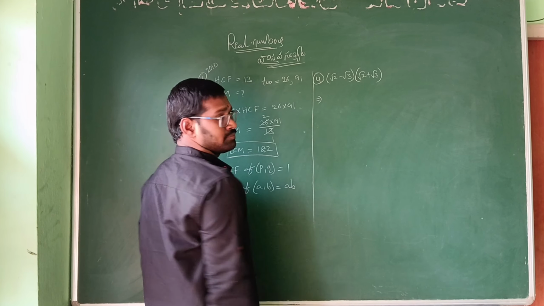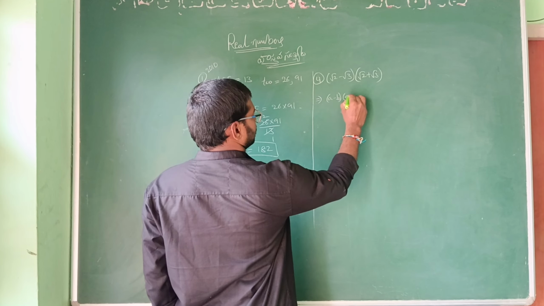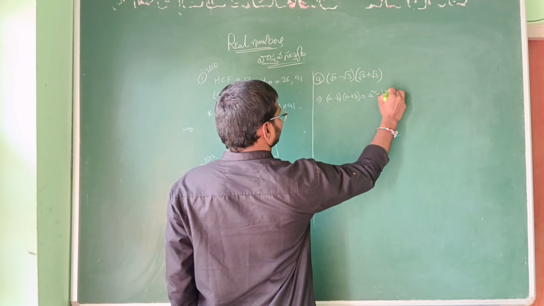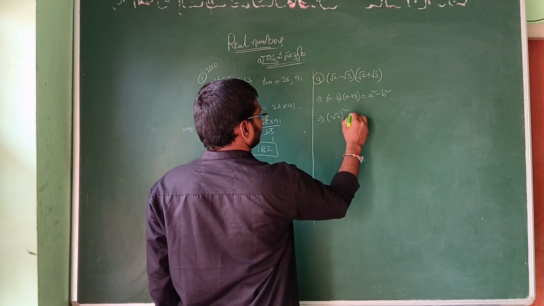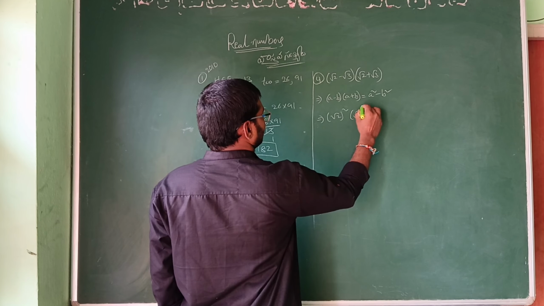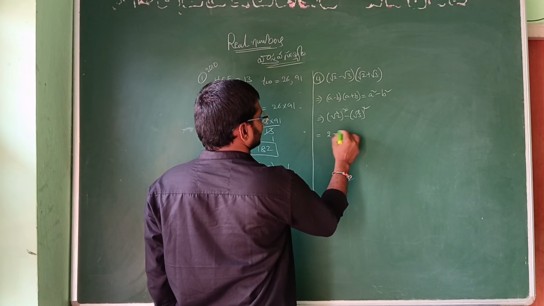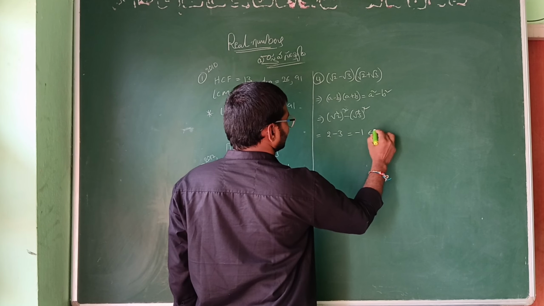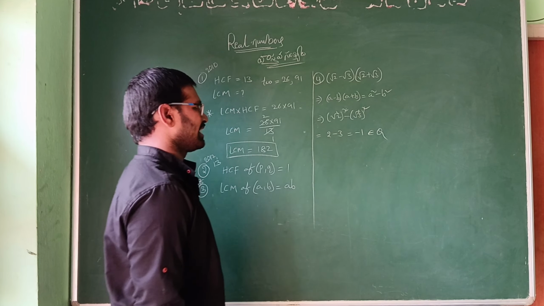Once you check, the formula is a minus b into a plus b equals a square minus b square. Simply take root 2 whole square and root 3 whole square. The square roots cancel, and 2 minus 3 gives minus 1. Minus 1 belongs to the rational numbers.